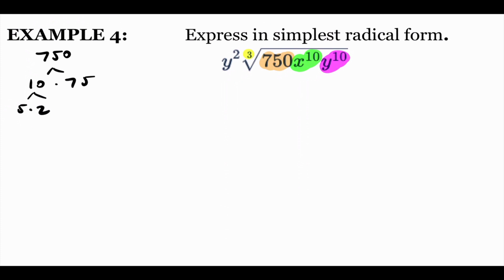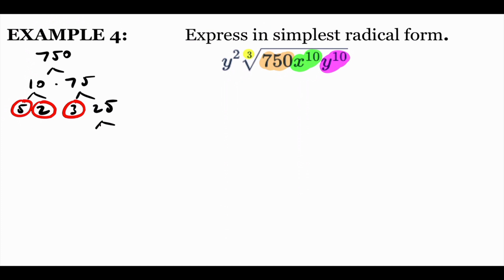Ten is 5 times 2. 5 can't be broken down anymore because it's just 5 times 1, and then same thing with 2. 75, you can go 3 times 25.